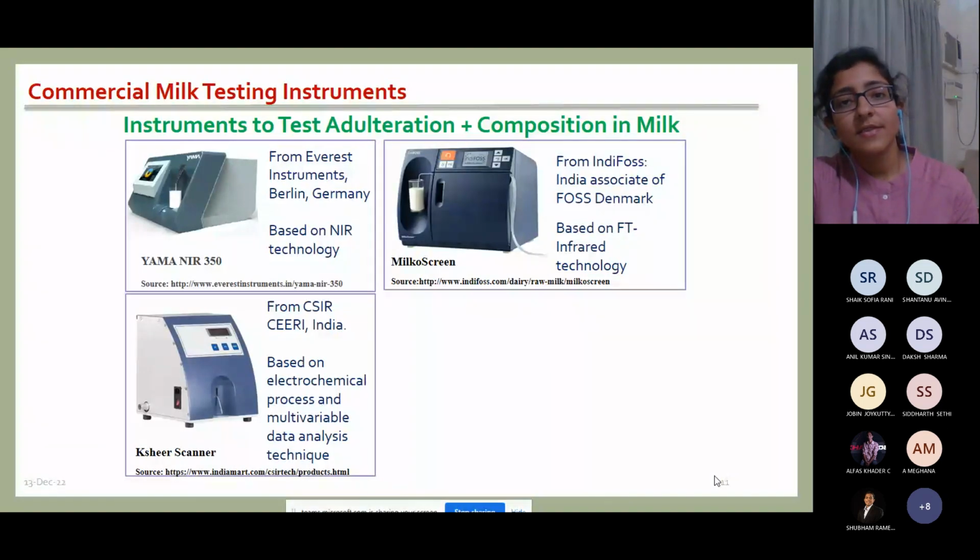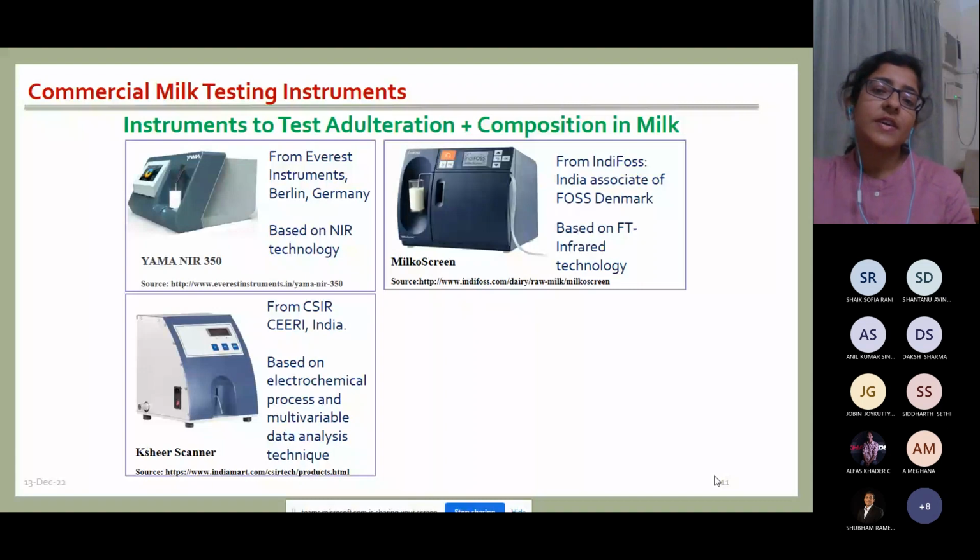But later we found that it is in research only, and what they claimed is research only. They made that instrument, but it is not in product form in the online market. So basically the two main instruments are the NIR 350 and the Milko Screen.